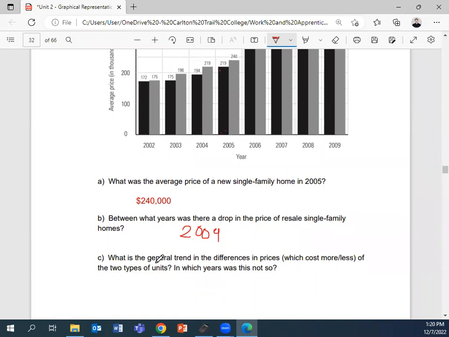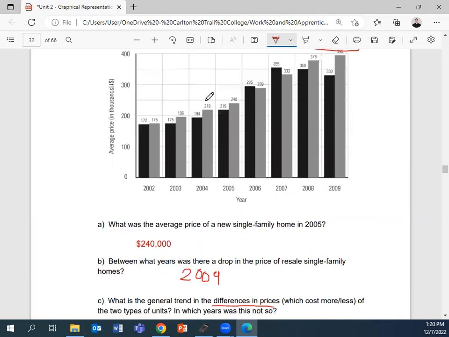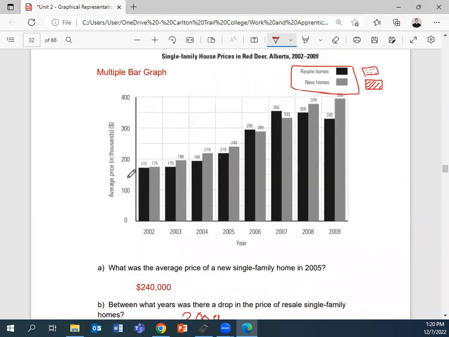And so then we're looking at the general trend of the differences in prices. When it says the differences in prices, the difference between what? Yeah, absolutely. The difference between these two things, right? The gap between each of these each year. So what do we notice happens about that gap as time goes on?